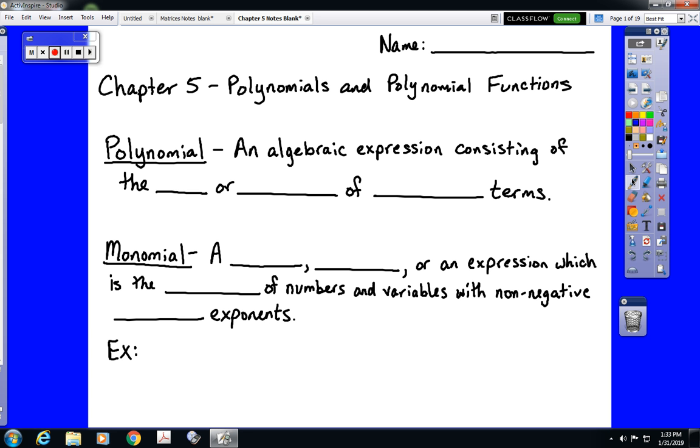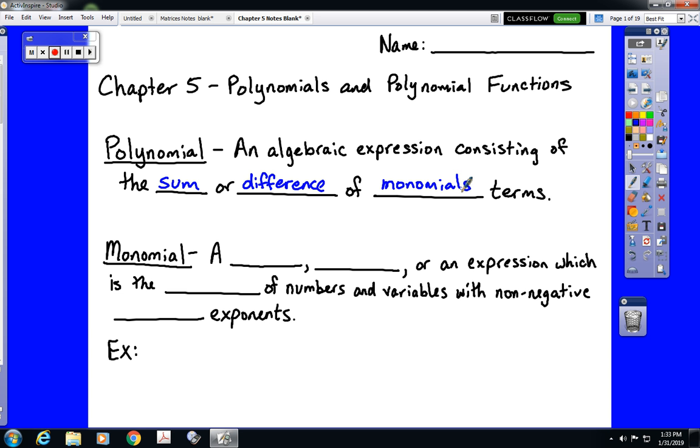So first up, some vocabulary that students should already know. A polynomial is an algebraic expression consisting of the sum or difference of monomial terms. In other words, we are going to be adding or subtracting monomials to create polynomials.